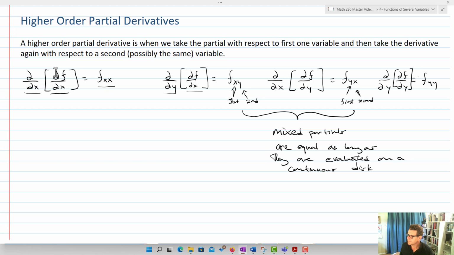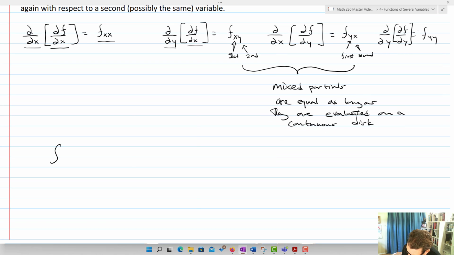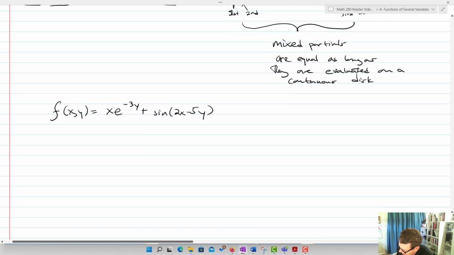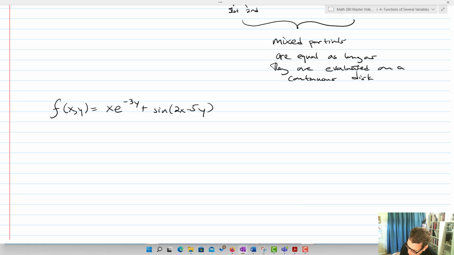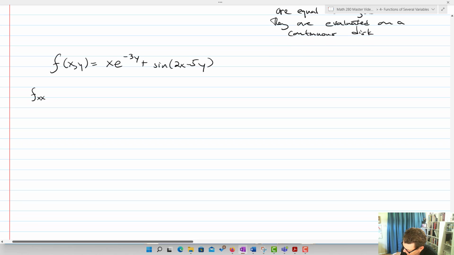Let's take a look at what that would look like with a function, and let's calculate our partials. Let's say I've got f(x, y) equals x e^(-3y) plus sin(2x minus 5y). First let's find f_xx.